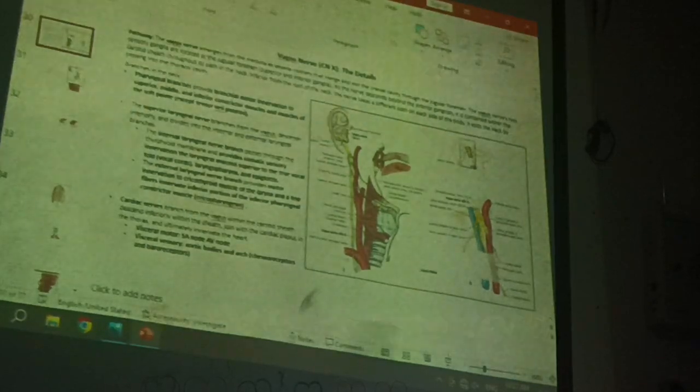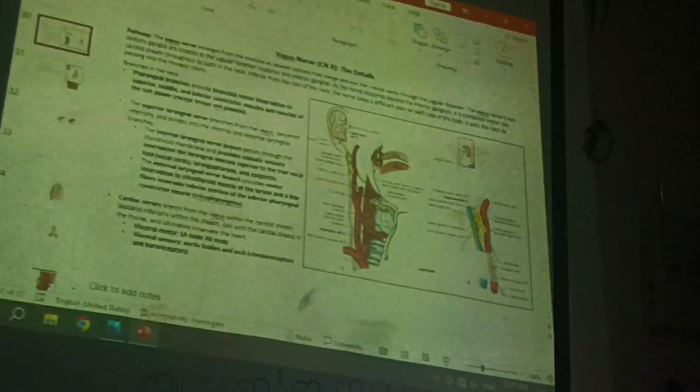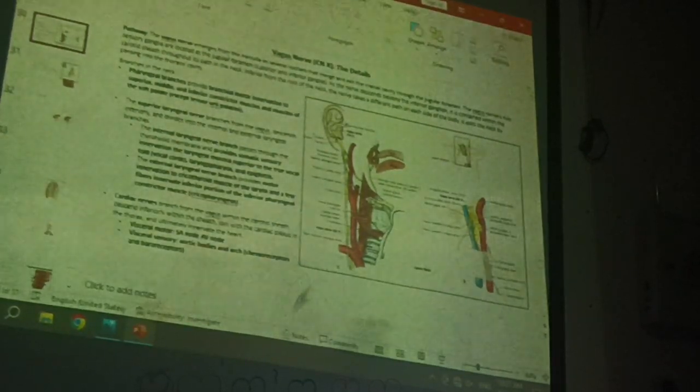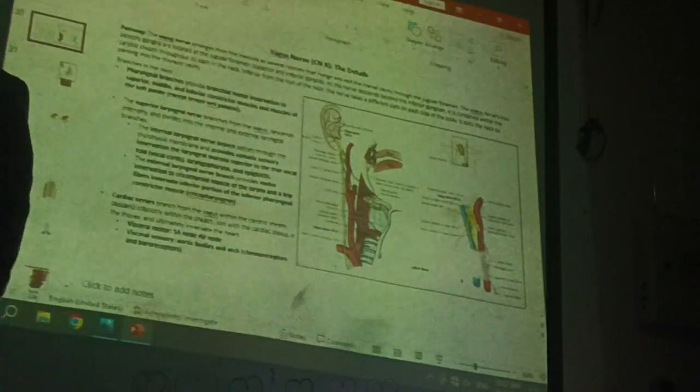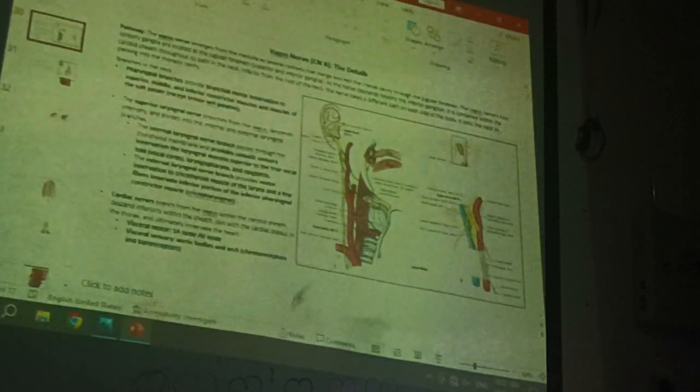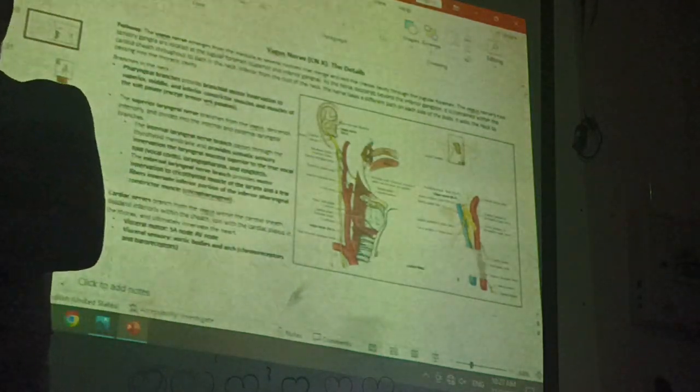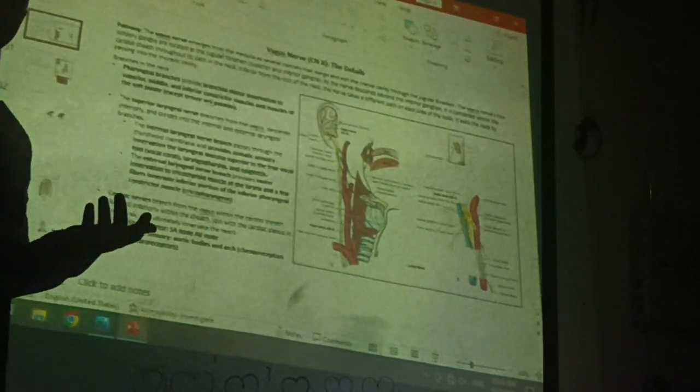The superior ganglion is located just near the jugular foramen in the skull, and the inferior ganglion is located inferiorly in the neck. These ganglions have several fibers. What are the ganglions? They are a collection of cell bodies.